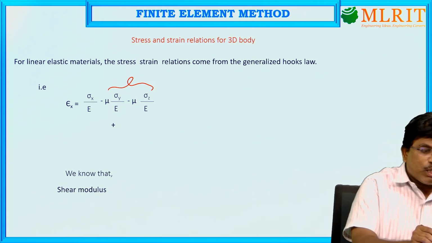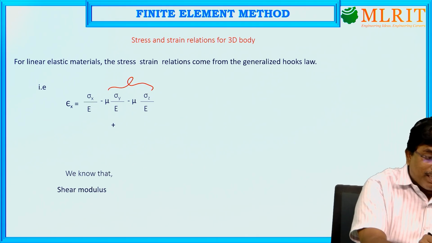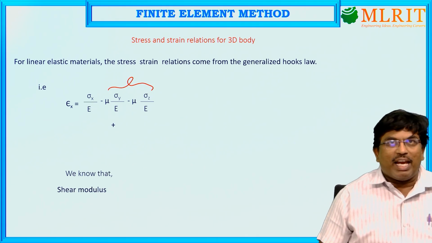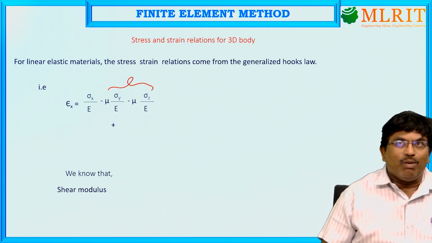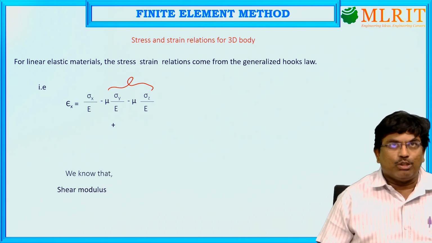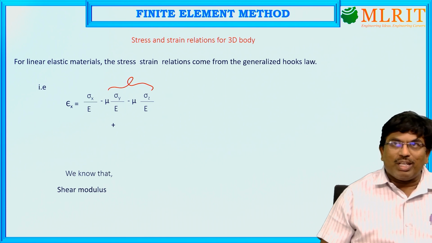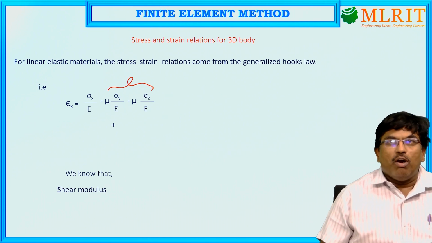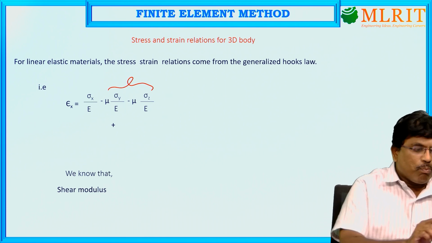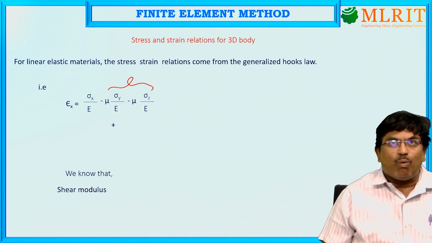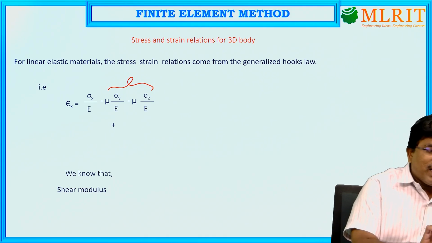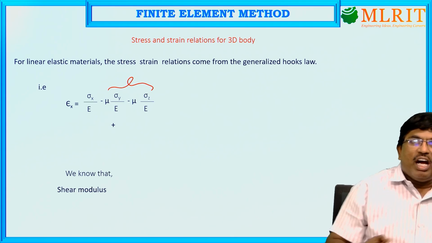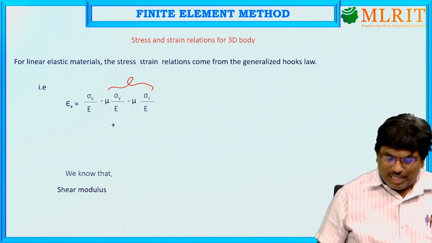Similarly, minus mu into sigma z by E is a lateral strain, also due to the load in the z direction, but it acts in the x direction. So the total strain in the x direction for a three-dimensional body is sigma x by E minus mu into sigma y by E minus mu into sigma z by E. One term is a longitudinal strain and the other two terms are lateral strains.